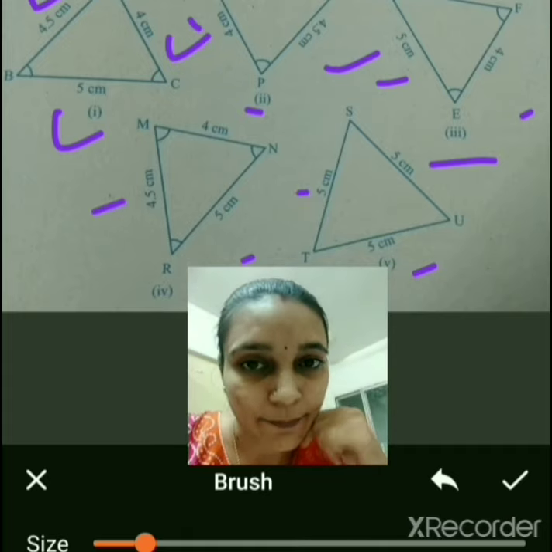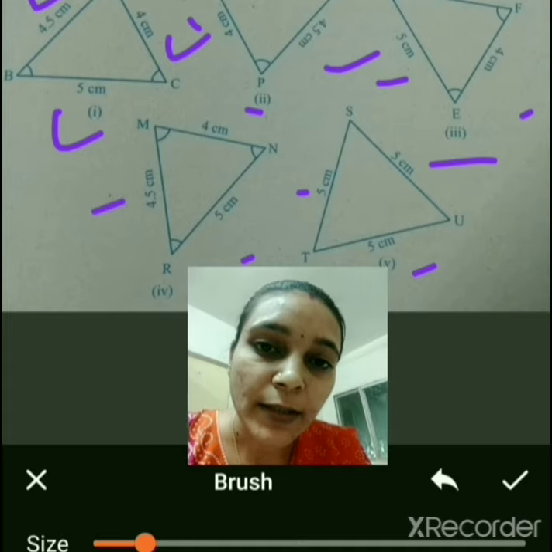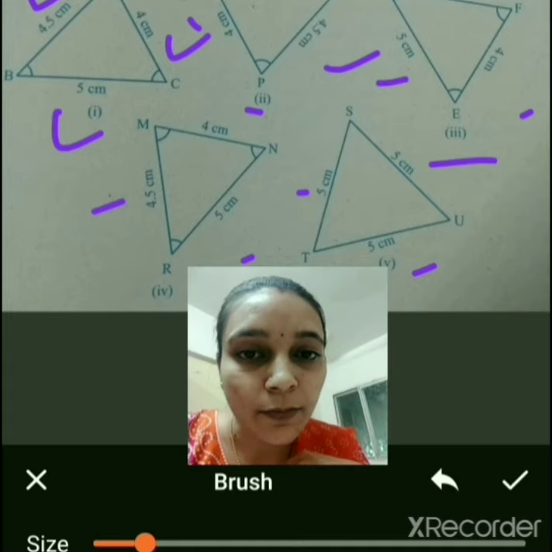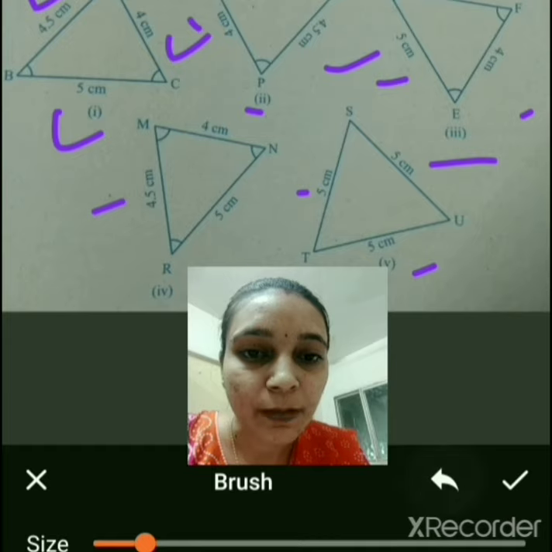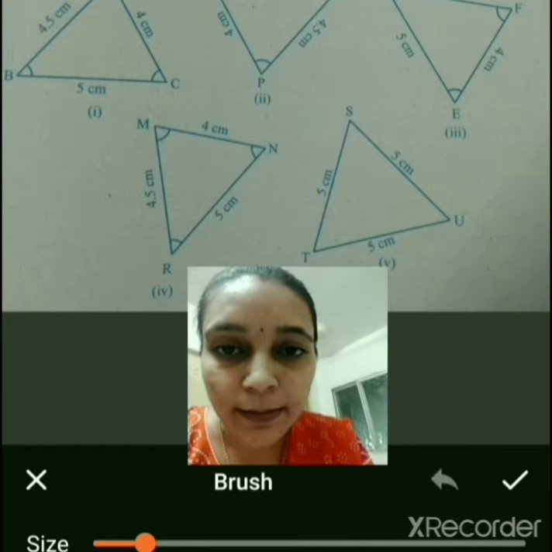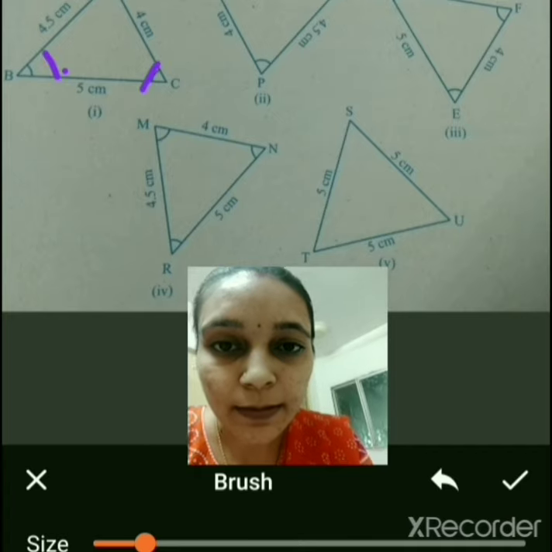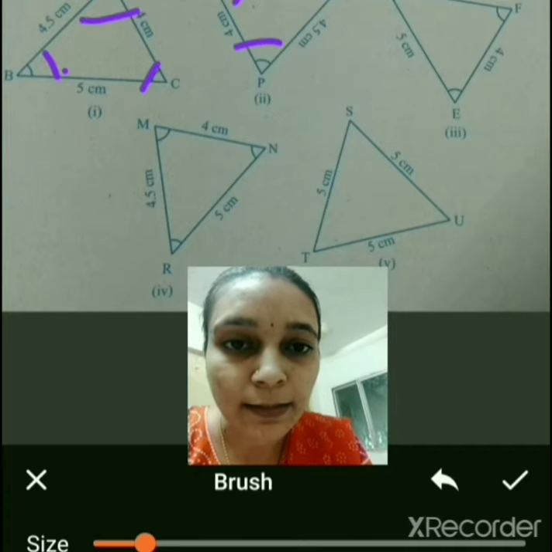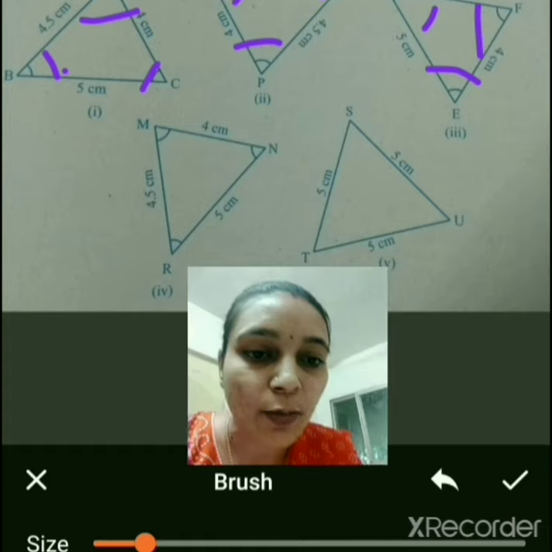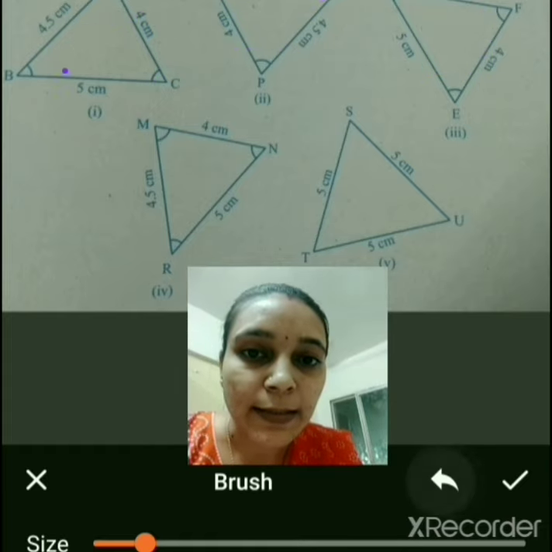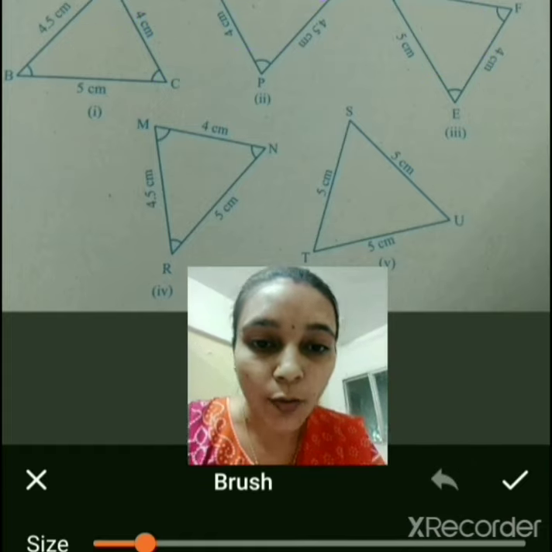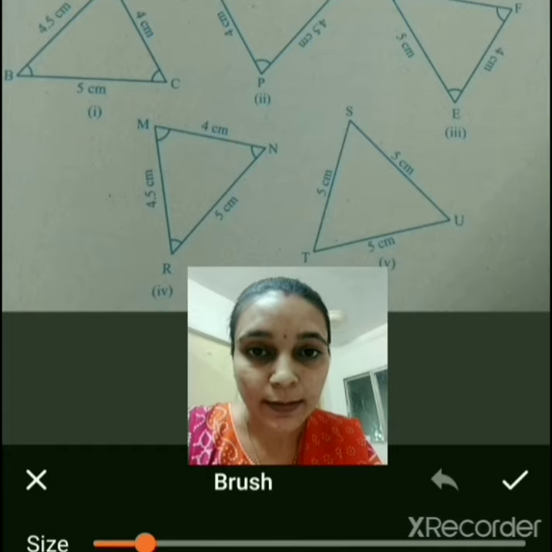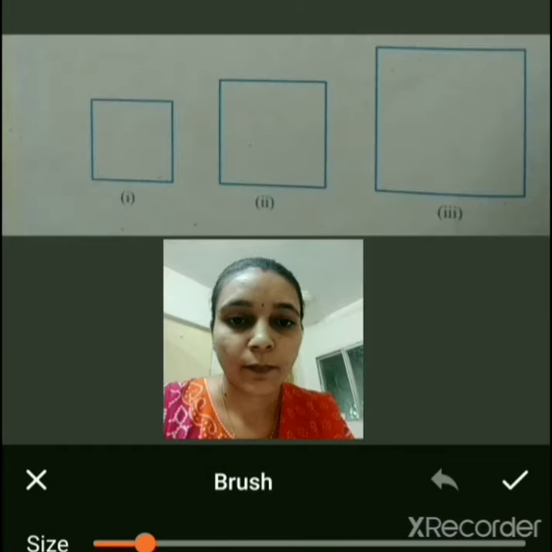All 5 triangles have equal sides. Now let us see their angles. You can see the angles are also equal and they look the same. So this is called congruence of triangles.